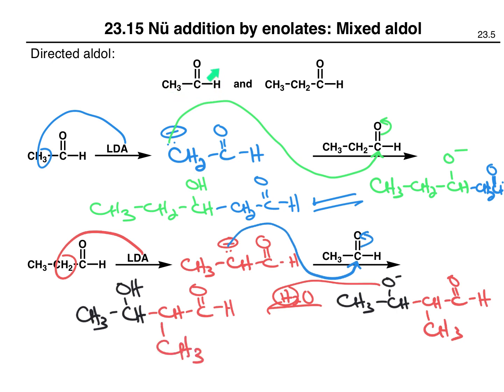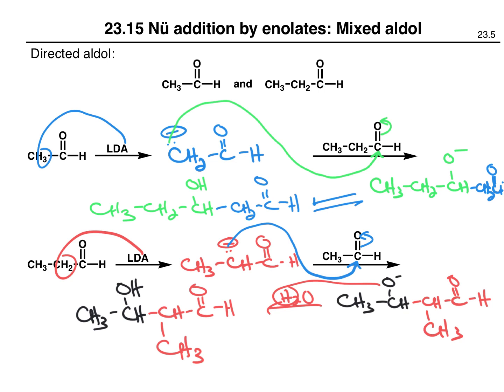So if we're thinking about acetaldehyde and propanal, we can make 4 different products. If we want acetaldehyde to react with the acetaldehyde enolate, then we just do self-addition. If we want the propanal enolate to react with propanal, we just do self-addition.